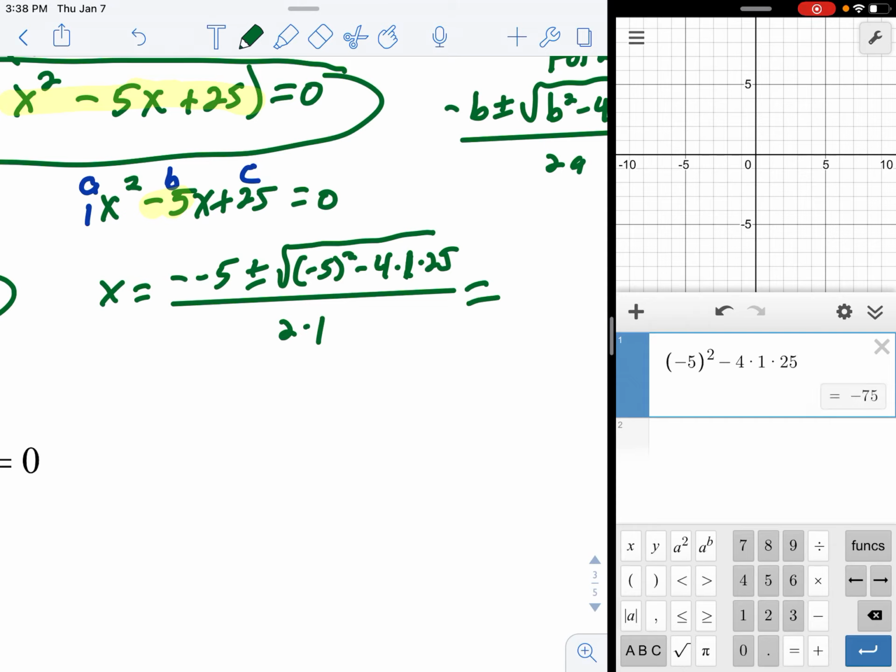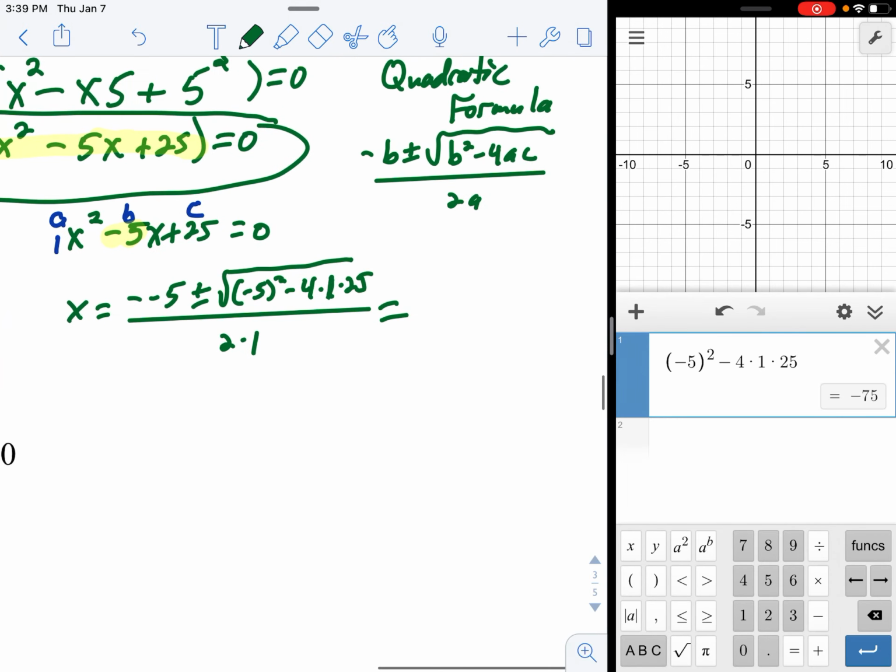And is that right? Did I type everything in? Negative 5 in parentheses squared minus 4 times 1 times 25. Yep, looks good. So this gives me negative negative 5, that's positive 5, plus or minus the square root of negative 75 all over 2 times 1, which is 2.